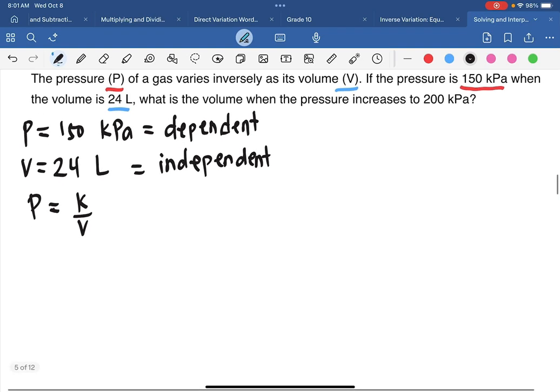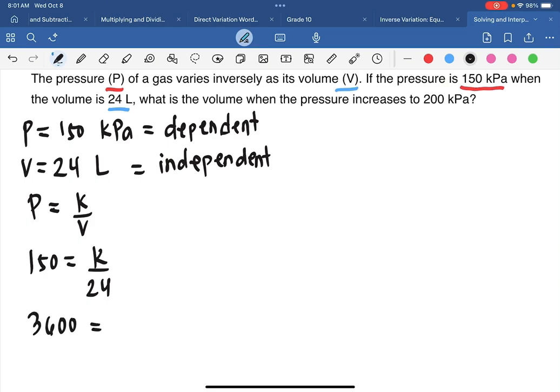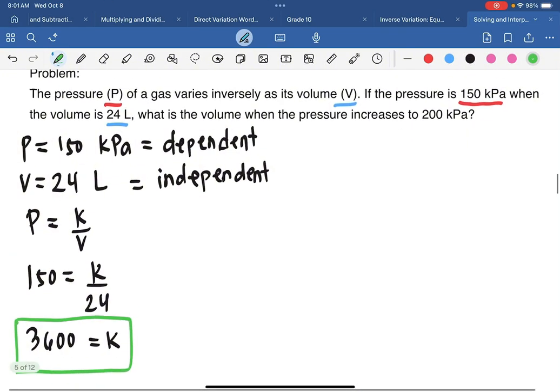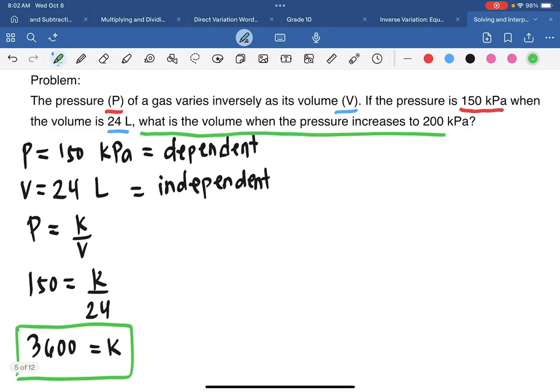Now, we have the values of P and V. So 150 equals K over 24. And 150 times 24 is 3,600. So this is our constant. Now, looking at the second part of our problem, what's the volume?